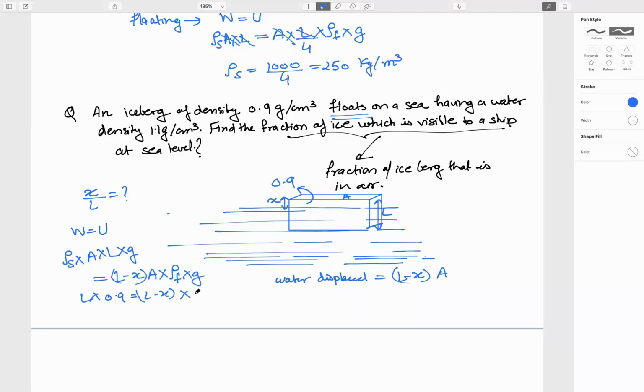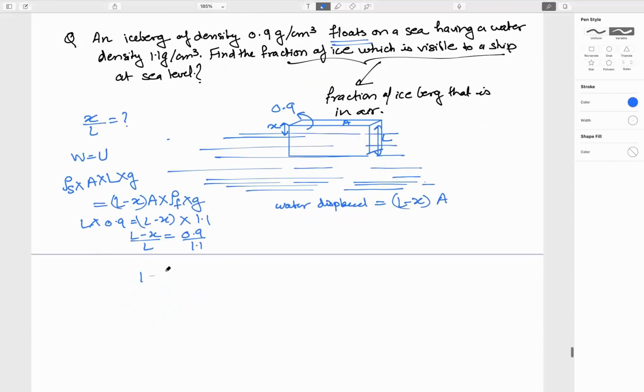Rho of fluid is 1.1. So L minus X by L comes out to be 0.9 divided by 1.1, and what we need is X by L. So 1 minus X by L is 0.9 divided by 1.1.